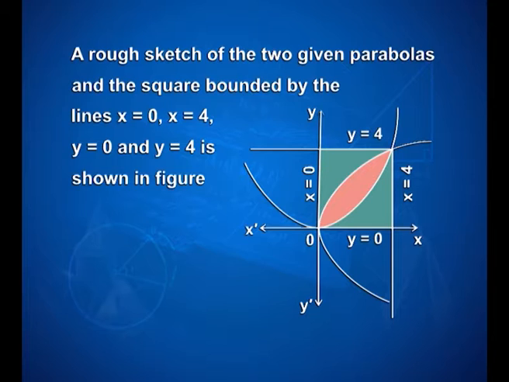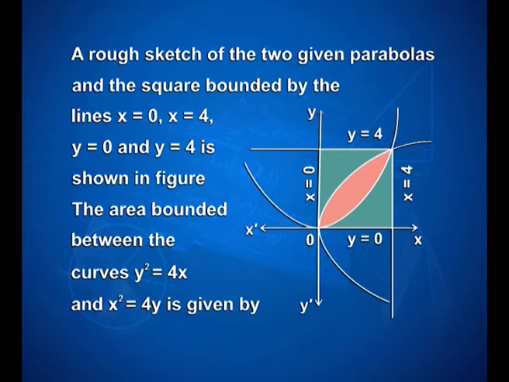We have here y is equal to 0, x is equal to 4, y is equal to 4 and x is equal to 0. This forms a square and we need to show that the area of the square is divided into 3 equal parts having equal area.